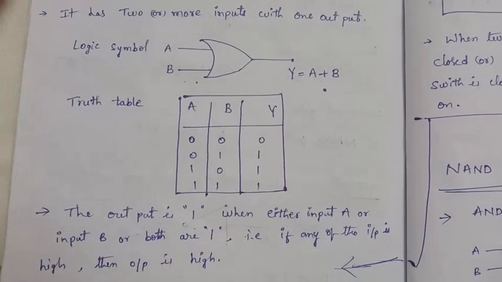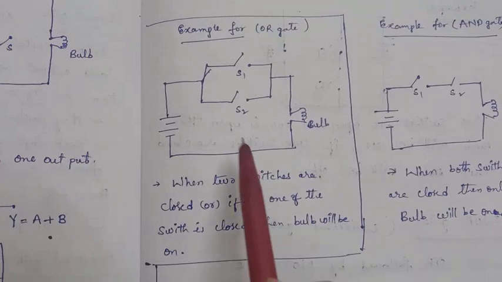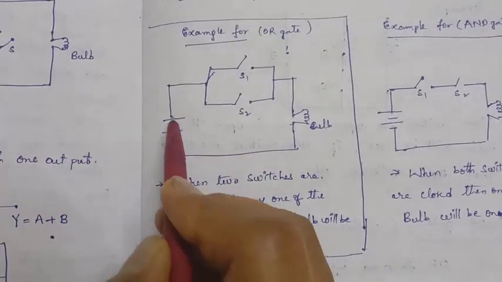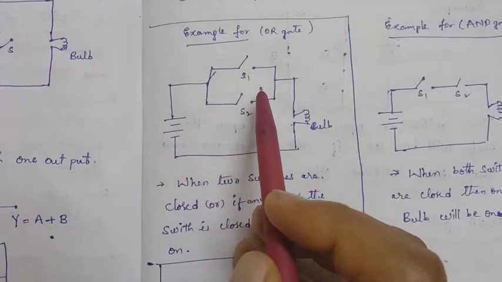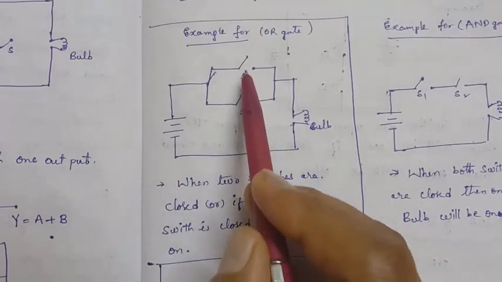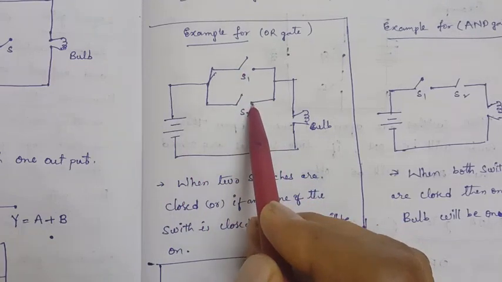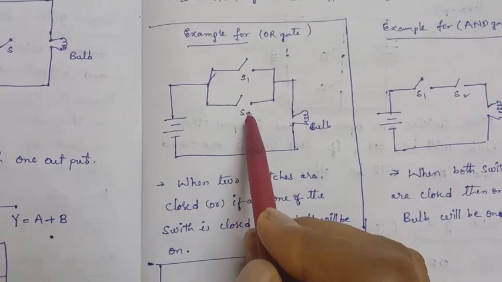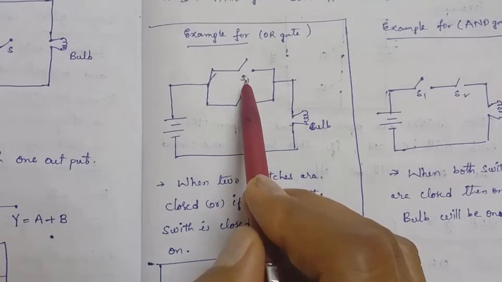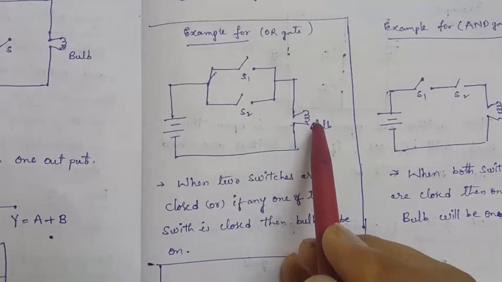Now the equivalent circuit for this example, so all of you observe this one. You give the voltage here as input. If you close these 2 switches, or you close one switch, then the bulb will be on.